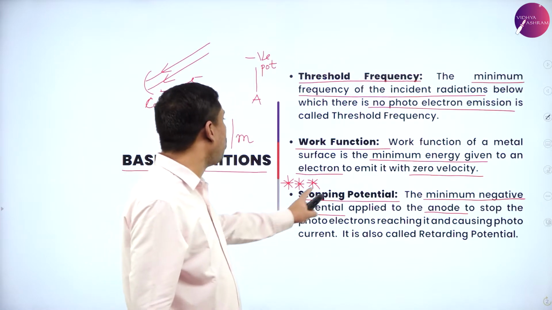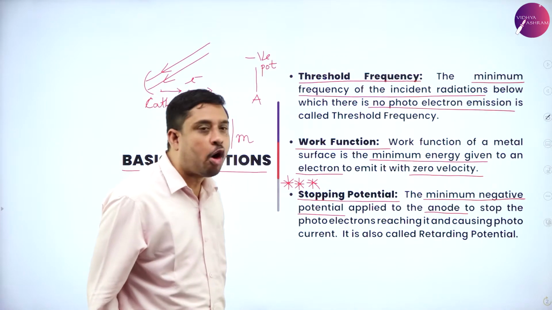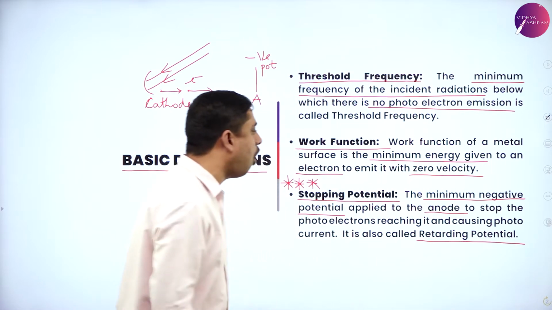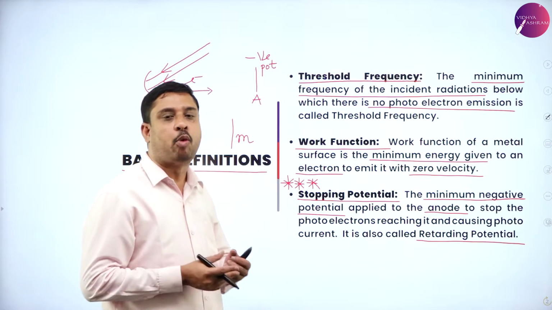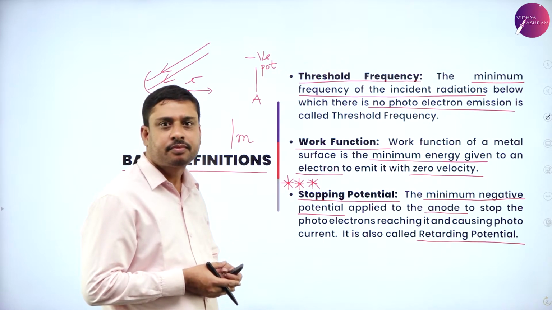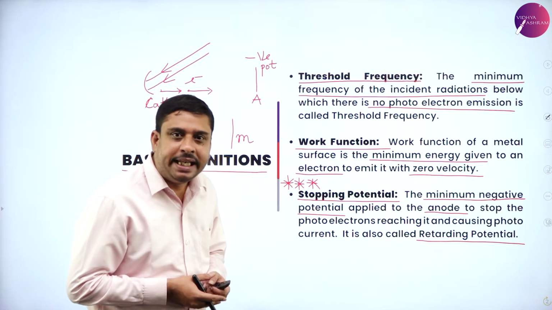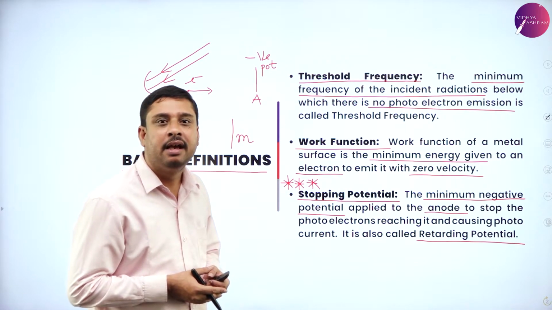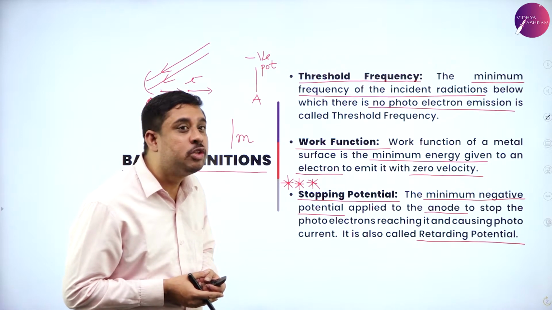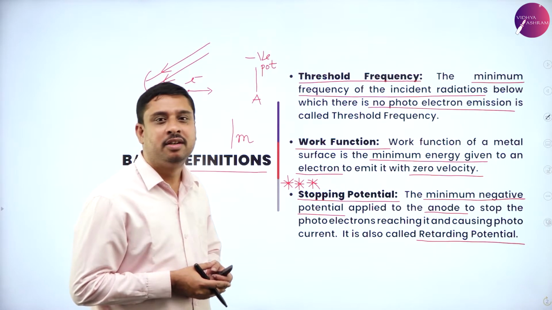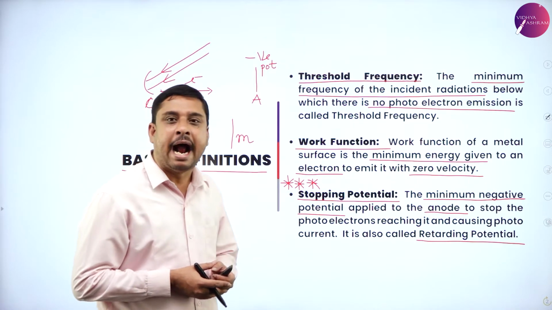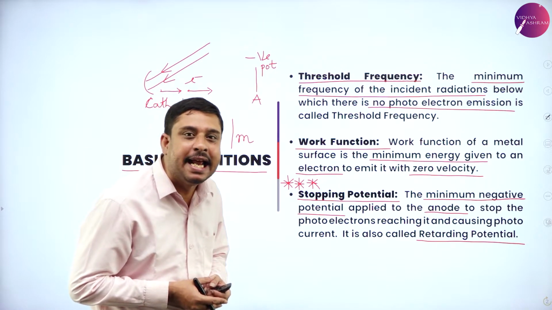This negative potential is called stopping potential, or it is also called retarding potential. So, the minimum negative potential I have to apply to the anode so that the electrons don't reach the anode and cause photoelectric current.